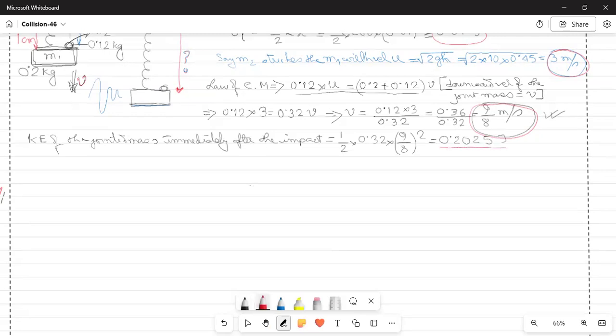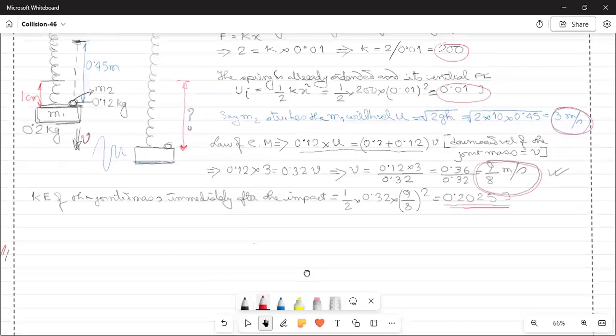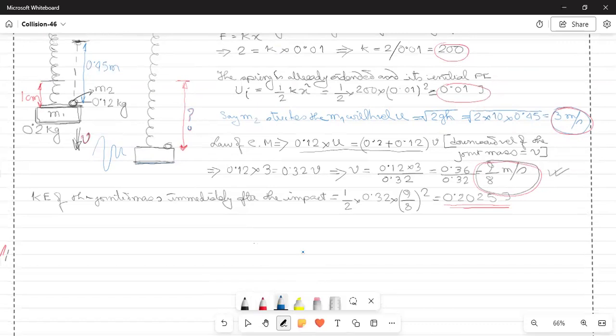So this is another important piece of information that we have received. This is the immediate kinetic energy. With this kinetic energy, the joint mass will start shooting down and it will come down to the lowest point when this kinetic energy is totally exhausted.